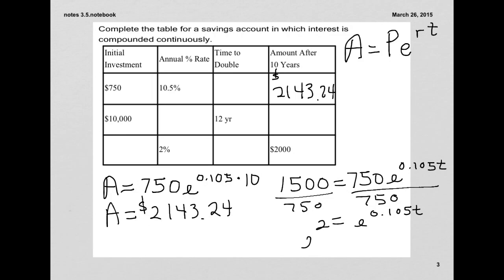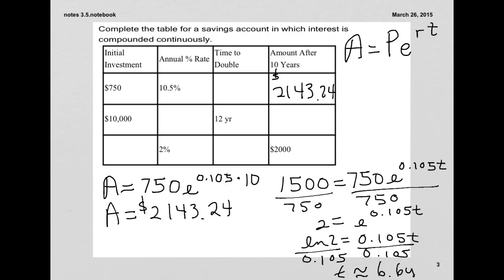So that's ln of 2 equals 0.105t. So that means the last thing I need to do is divide by 0.105. So t is approximately 6.6 years. That's the time it takes to double.